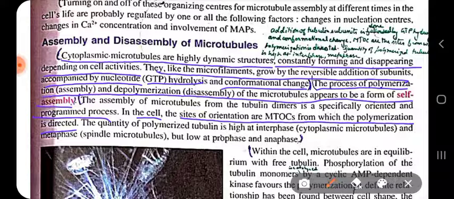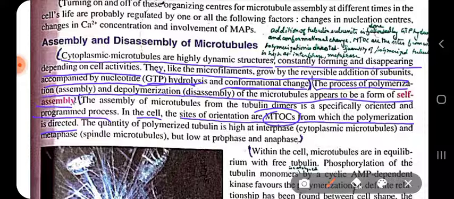So obviously polymerization of the microtubule occurs at the microtubule organizing center. As I have said, the MTOCs are the sites where polymerization of the microtubule occurs, and it is helped by GTP hydrolysis and conformational change in the microtubule.